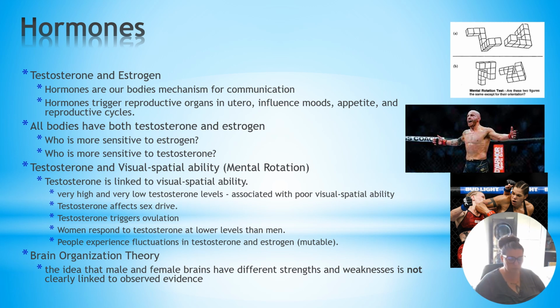Meaning, if you have a moderate level of testosterone as a human being, you're probably going to have better visual spatial abilities. However, if you're a female bodied person, that would be considered a high level of testosterone. And if you're a male bodied person, that would be considered a low level of testosterone.